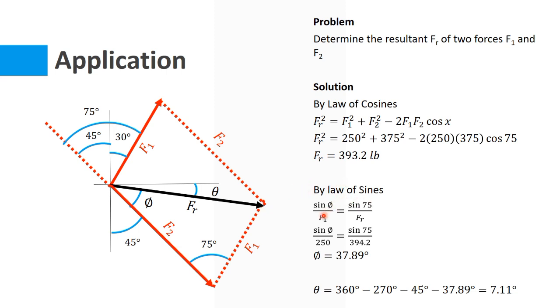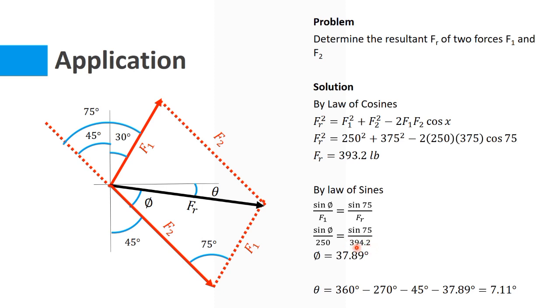The law of sines states that sine of theta, sorry, sine of phi, which is this angle, divided by F1, which is opposite to this angle, is equal to sine of 75 degrees, which is this angle, divided by Fr, which is opposite to 75 degrees. So sine of phi divided by 250 pounds, because F1 has a magnitude of 250, equals sine 75 divided by 393.2 pounds. Earlier I wrote 394, that was a typo.